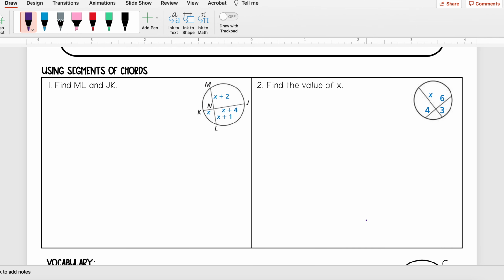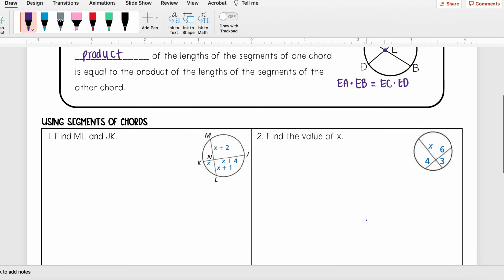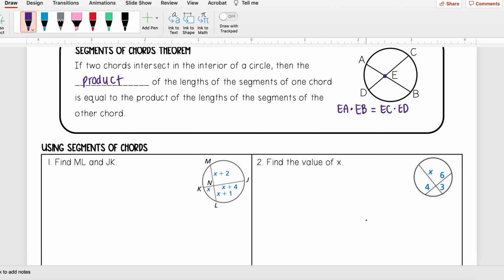So for number 1, I want to find the length of ML and JK. So I want to find the length of both of my chords. And for this one, I'm going to need to first find the value of X so that I can plug that in to find the length of both of those segments. So I need to use my theorem here. And again, that's telling me that the product of the chord segments is going to be equal for both chords.